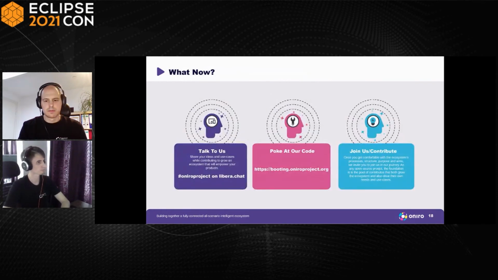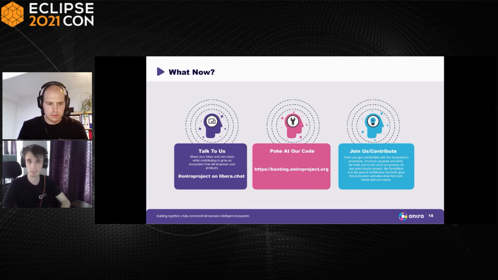Great. So what now? Well, first of all, talk with us. We have an IRC channel called Oniro Project in LiberaChat. Talk with us, discuss your use cases, see what is interesting in the platform, see how this platform can help you. And when you have an idea of that and you connect with us, poke at our code.